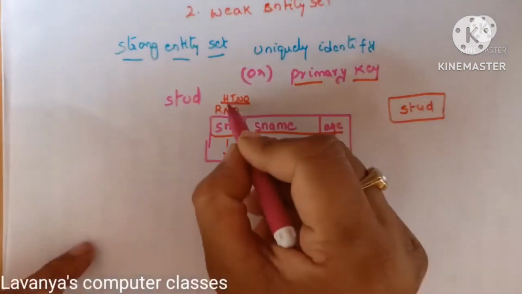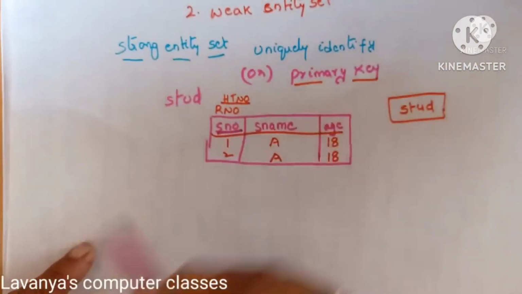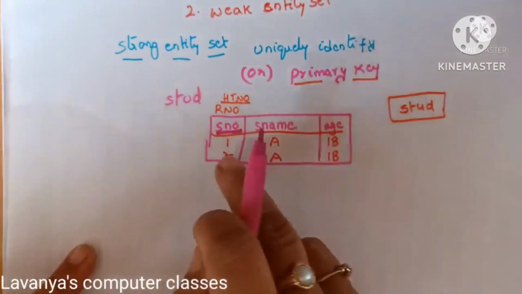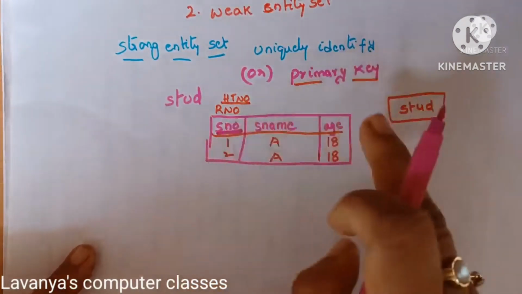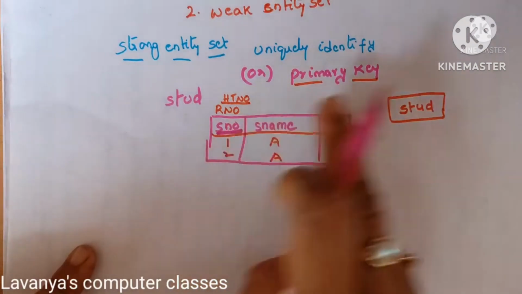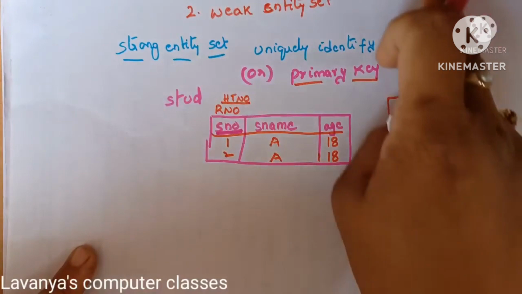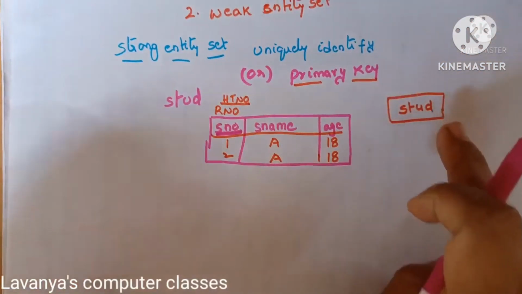Primary key attributes are represented with an underline. If a field is underlined, it is a primary key attribute. If an entity set has a primary key, it is called a strong entity set. A strong entity set is represented by the normal rectangle symbol only.